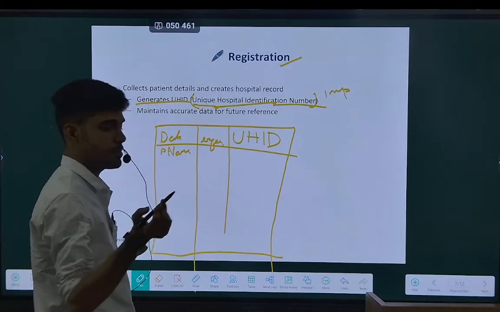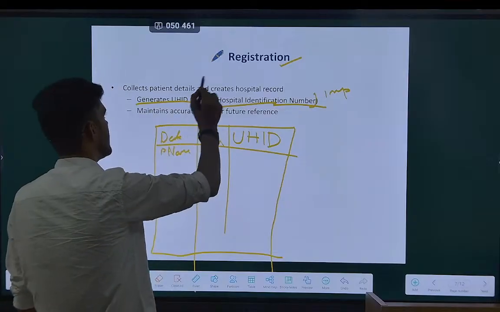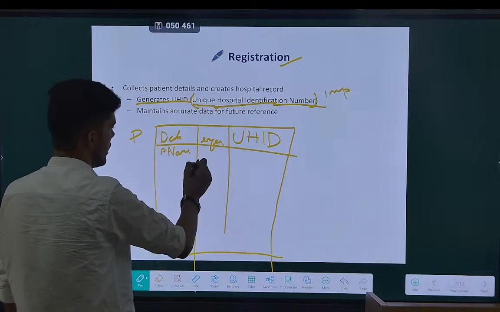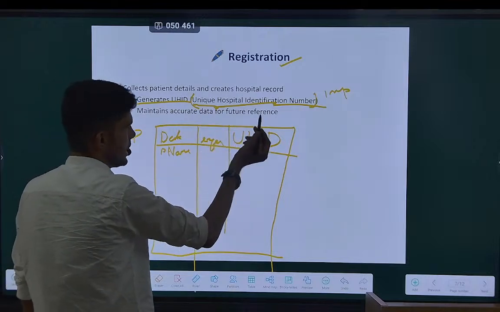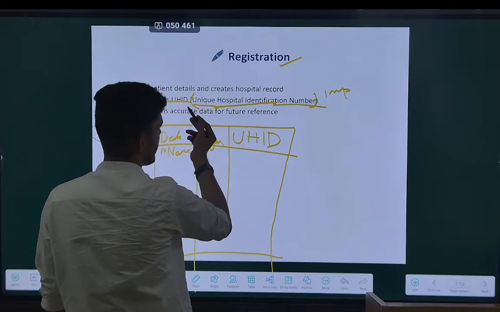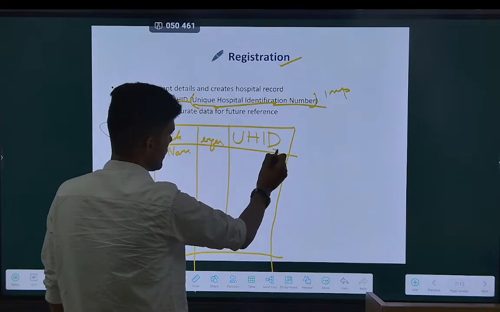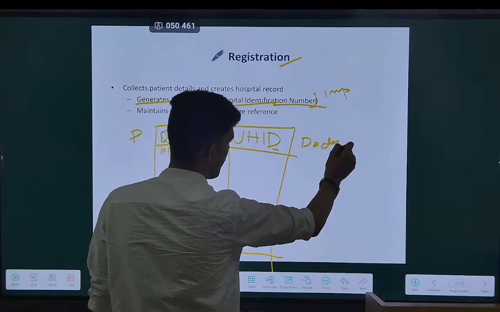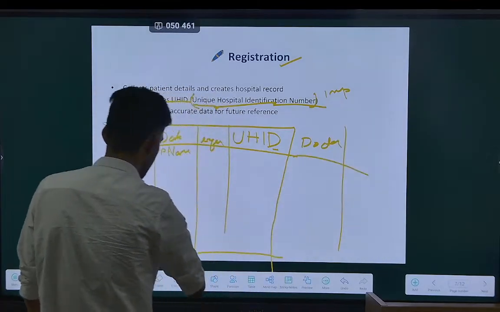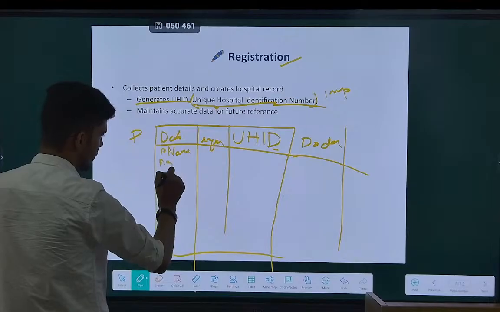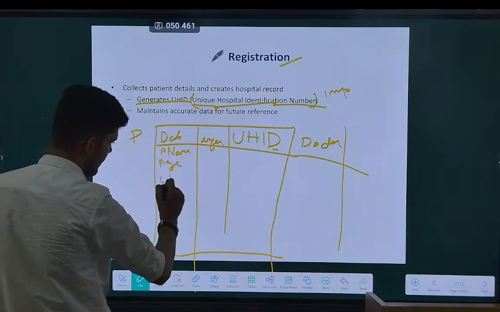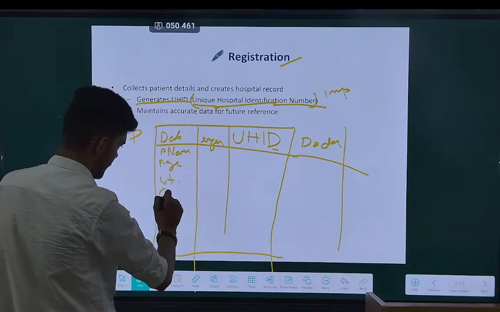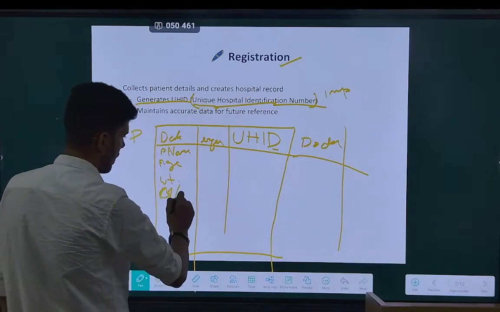So when a patient comes, the person sitting at the registration counter should record all these details: referred by whom, it creates a unique hospital identification number, then which doctor they are meeting, what is their age, what is their weight, their gender, male or female.